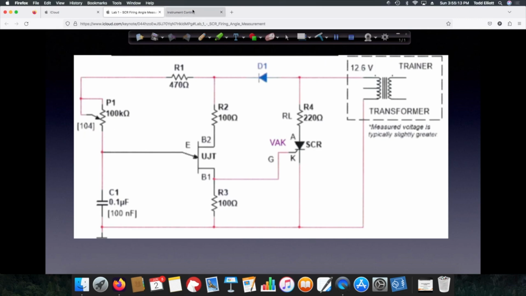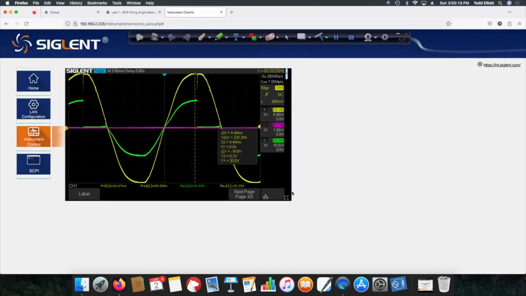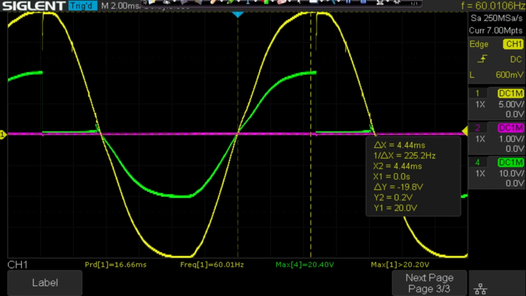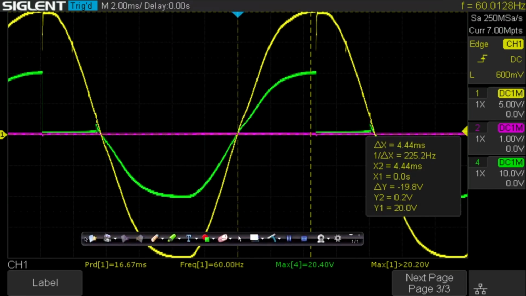Okay, I'm going to switch over to my oscilloscope here. All right, so basically what I have here on the yellow trace, I'm using as channel 1 on my toolbar there. You can use whatever channel you want.